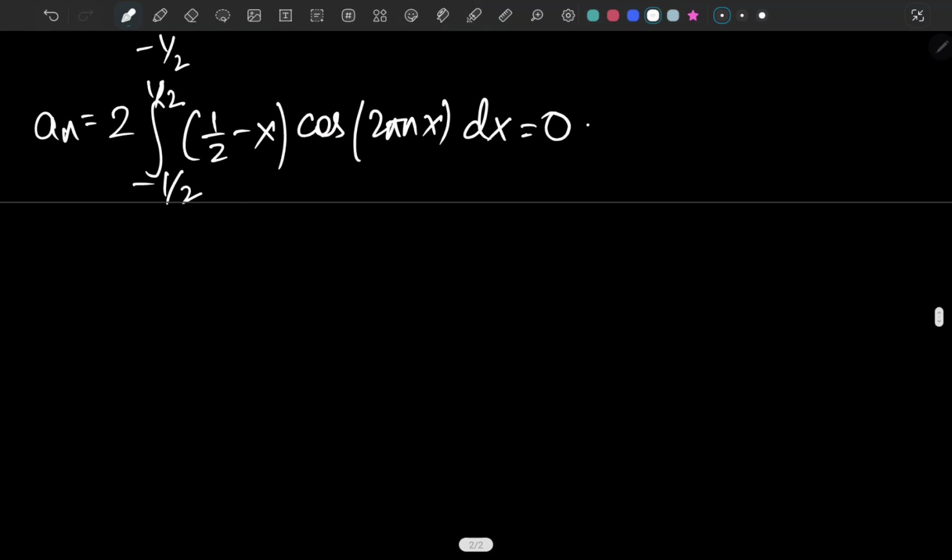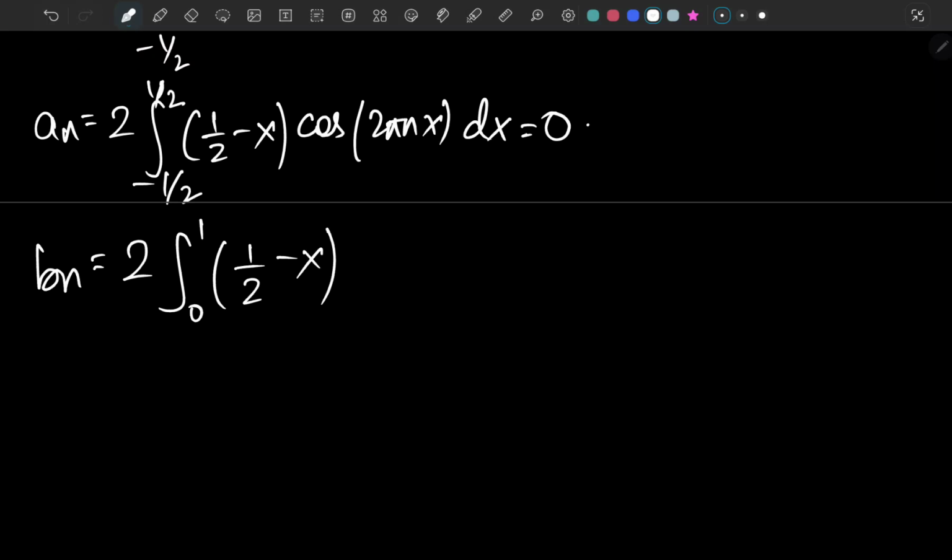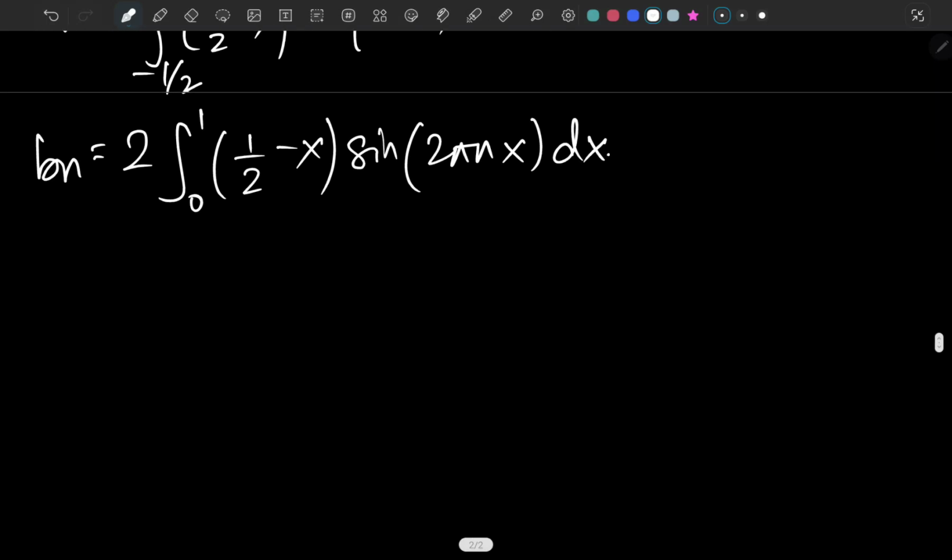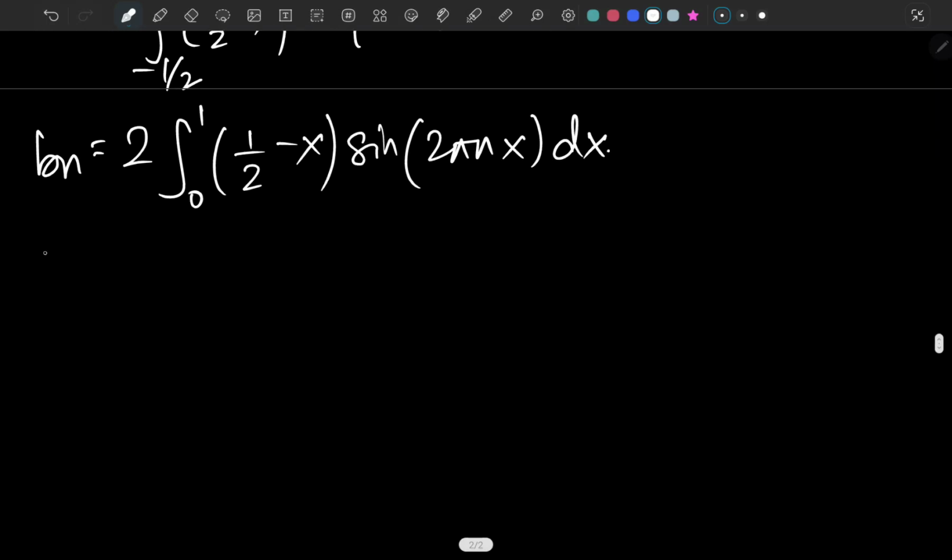But b sub n is not, obviously. So b sub n is 2 times the integral from 0 to 1 of 1 over 2 minus x times sine of 2 pi nx. Now let's split this into separate integrals.